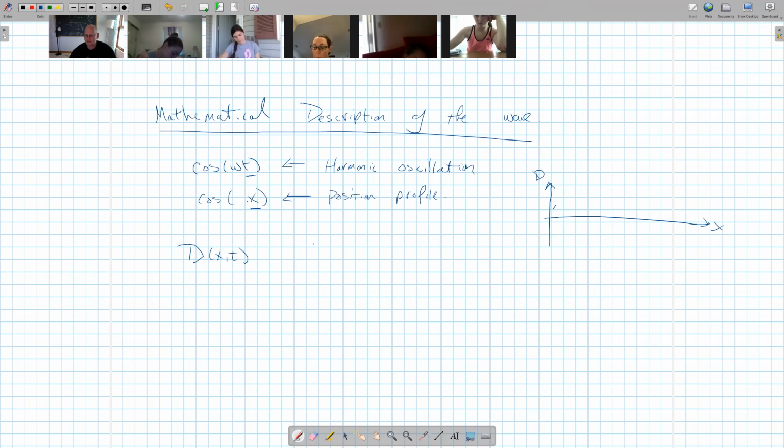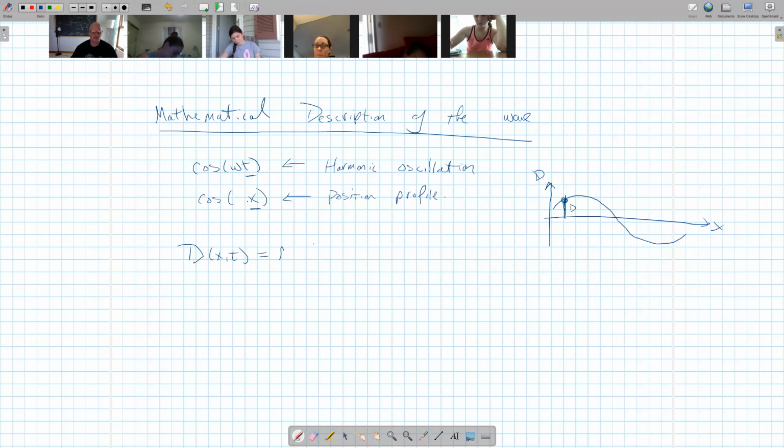So again, if my wave is, say, doing something like this, then d is this distance here. So it's the distance from the equilibrium position to the position of the medium. So this is my distance of d. Okay? So d then is describing the displacement away from equilibrium.